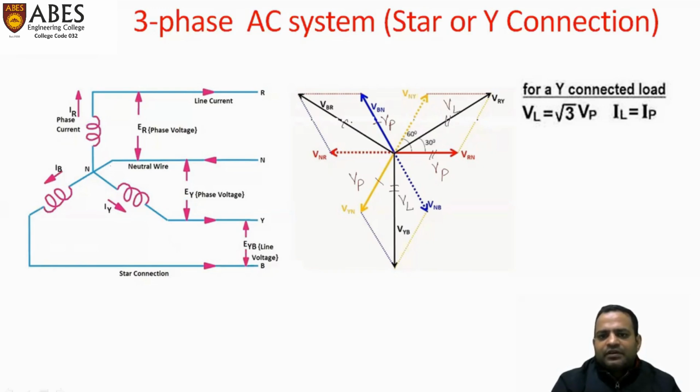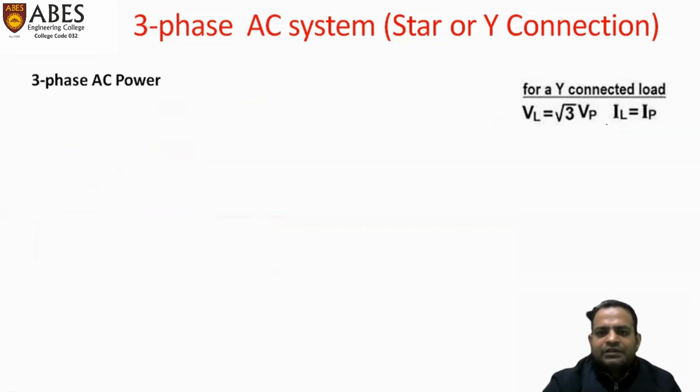So finally, we get VL is equal to root 3 times Vp, and line current and phase current are both equal.